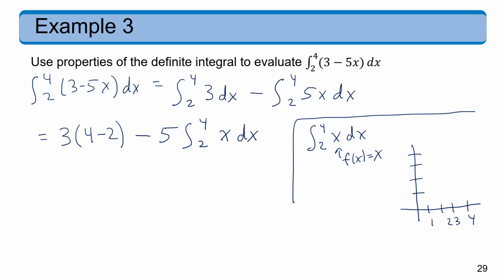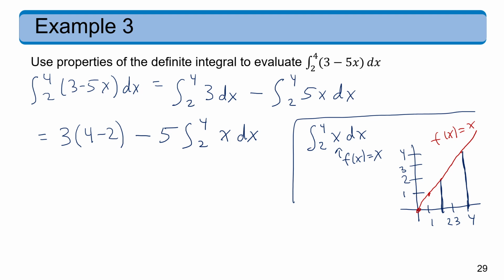Just marking off some points on my axes. So y equals x passes through the point 0, 0, 1, 1, 2, 2, 3, 3, 4, 4, right? And then the interval we're considering is from 2 to 4. So this is the area we're trying to find.